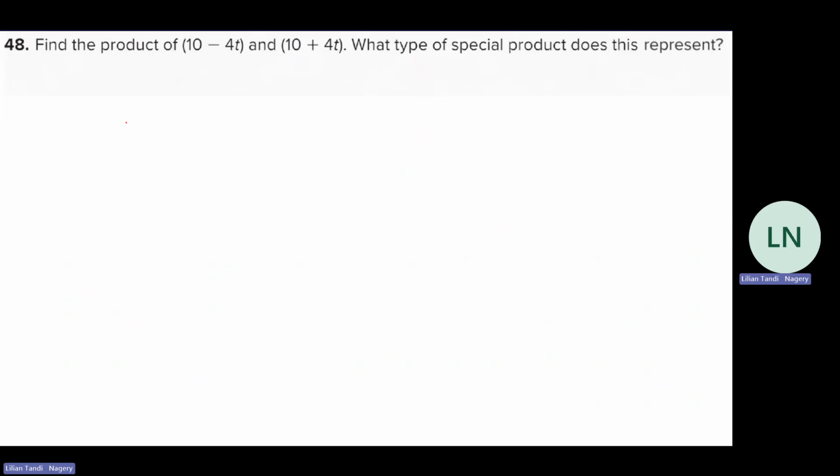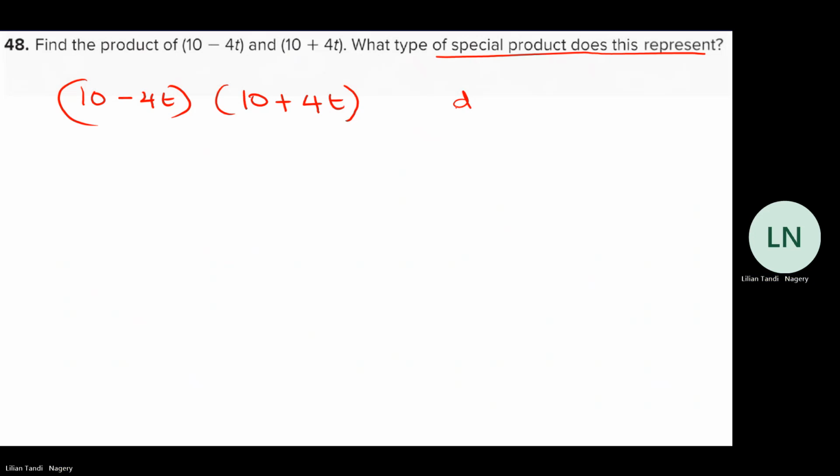Find the product of 10 minus 4t and 10 plus 4t. What type of special product does this represent? This represents the special product of the difference of squares. Special products.